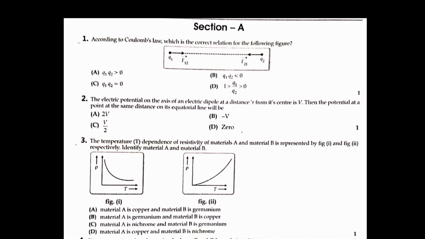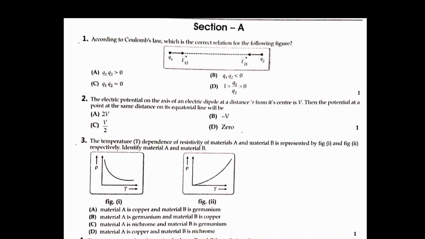Option B, material A is germanium and material B is copper. Option C, material A is nichrome and material B is germanium. Option D, material A is copper and material B is nichrome.